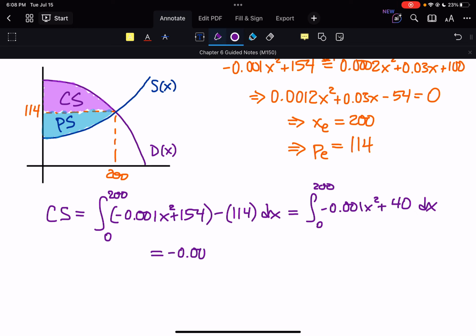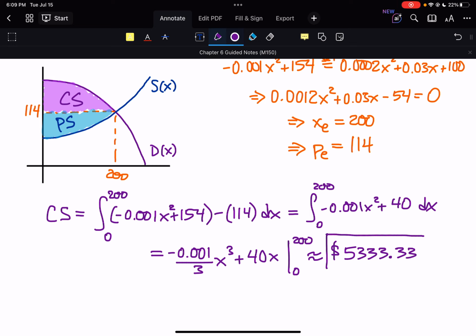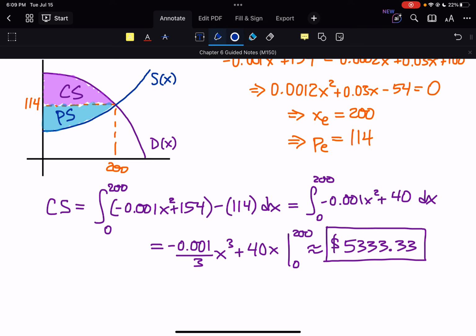So that gives us, let's see, divide by 3, x cubed, and then 40x, evaluated from 0 to 200. Evaluate, round to the nearest cent, we get $5,333.33 approximately for consumer surplus. So you can probably imagine that 1/3 is producing all of these threes there.